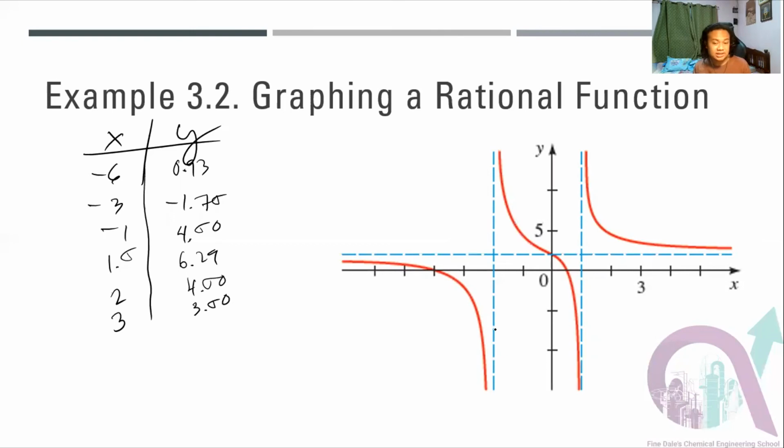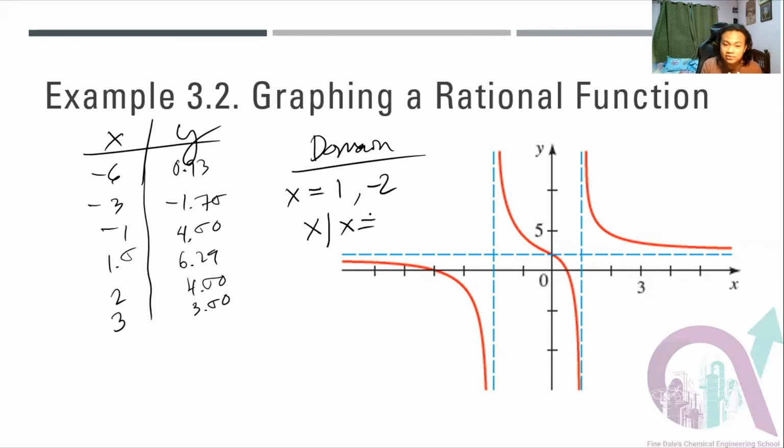Let's do example 3.3. Now we are asked to find the domain and range. For the domain, it is the set of x values that make the function a real number. So what numbers should we avoid? Those that make the denominator zero, the zeros of our denominator, which are 1 and -2.